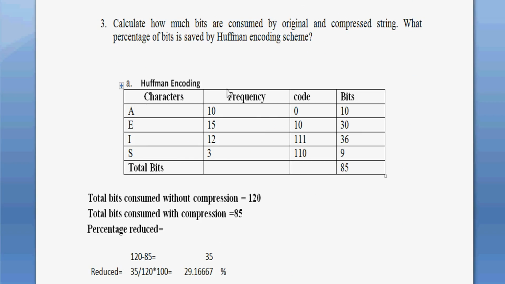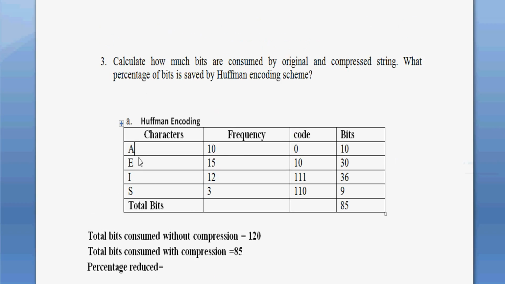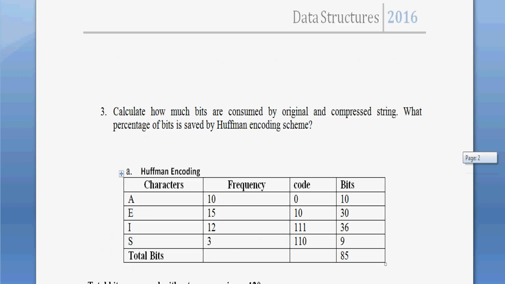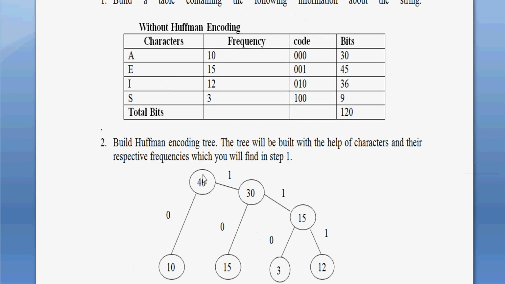We have the same frequency for all these letters, but what we are going to do is compress the data. To find A, what do we need? We just go according to this letter, meaning the frequency. This is A, and how can we reach this A from the root? With just one path, and that is the bit 0.